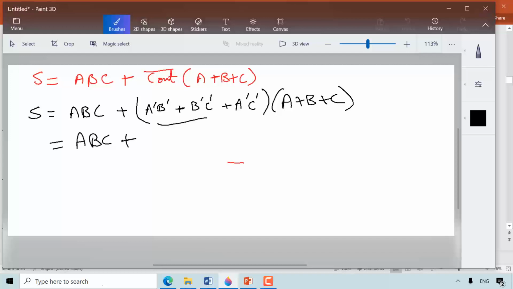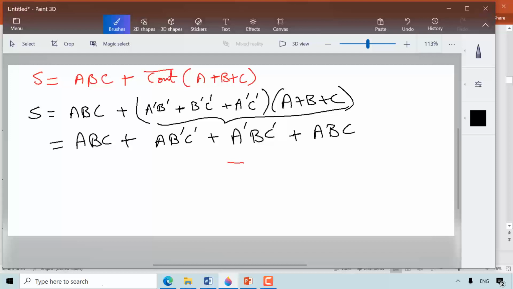Or now if you open the brackets, you will get something like A B prime C prime, or A prime B C prime, or A B C, or A prime B prime C. That is basically what this expression can be.